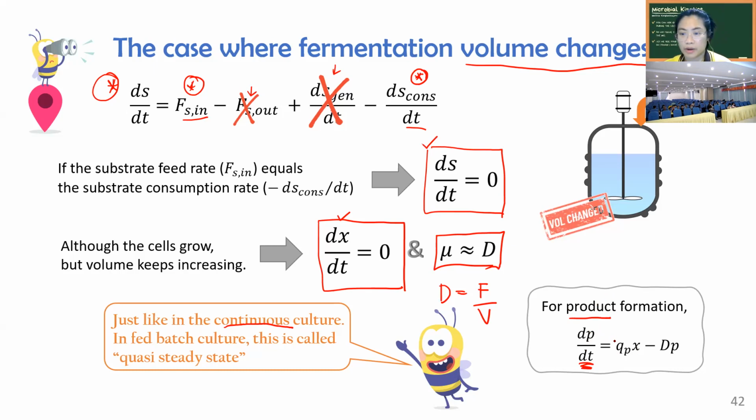The change in the product concentration would depend on the product formation kinetics minus the dilution rate multiplied by the product concentration. So you could still see change in dP/dt. So that is one case for fed batch fermentation when the volume changes.